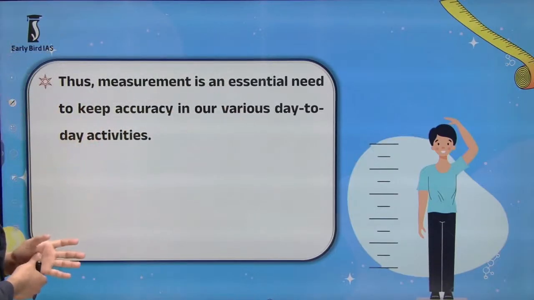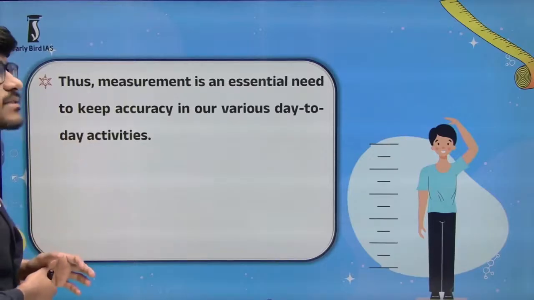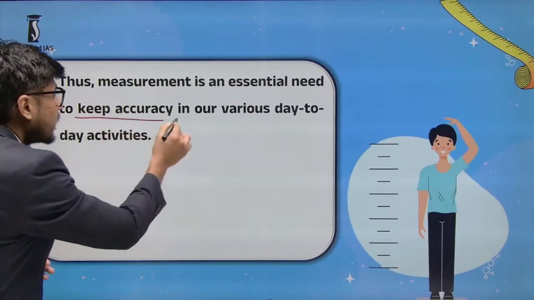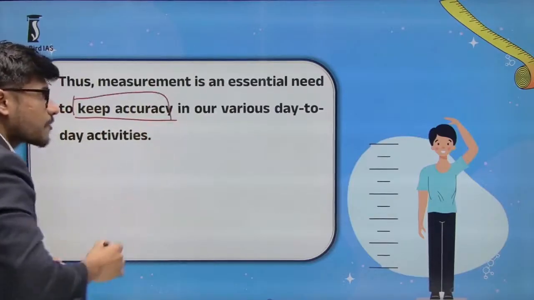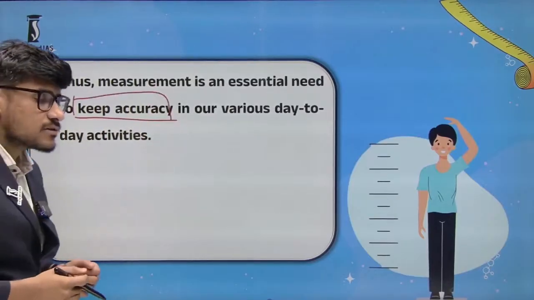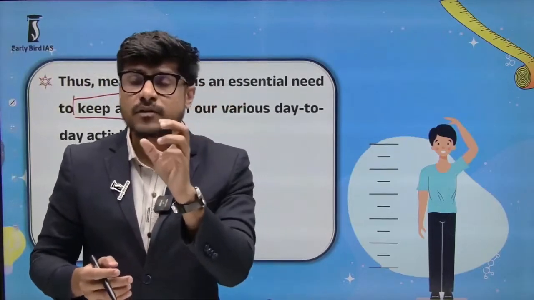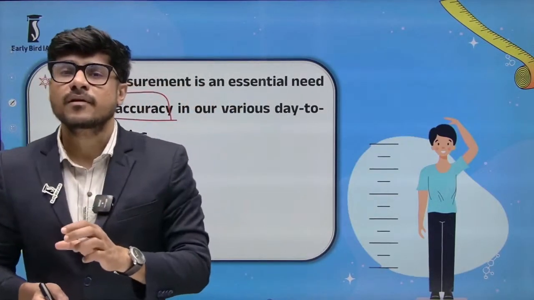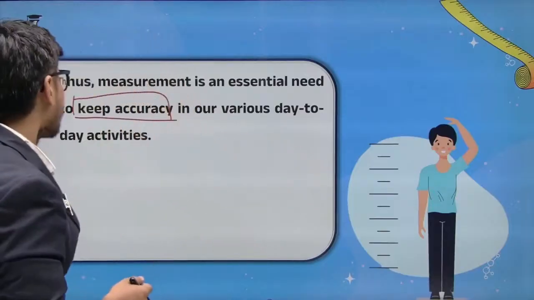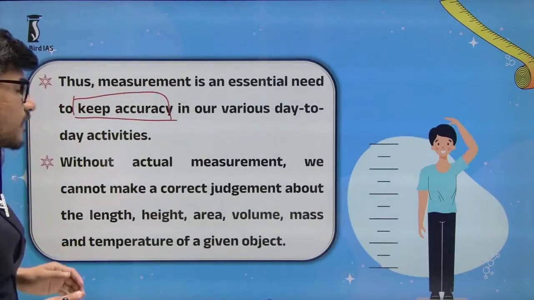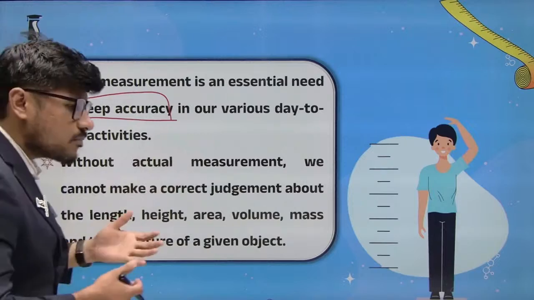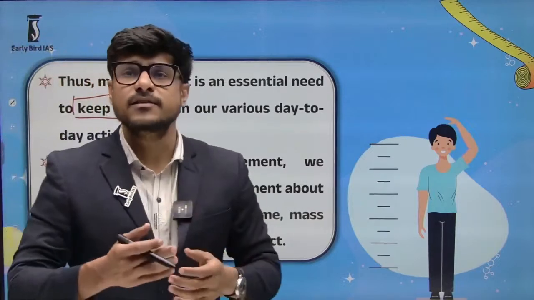This measurement is very essential. Why is it essential? It keeps accuracy, and not just accuracy, but in our day-to-day life, for conversation, for the sake of understanding, measurement is very important. Without measurement, we cannot make a correct judgment.